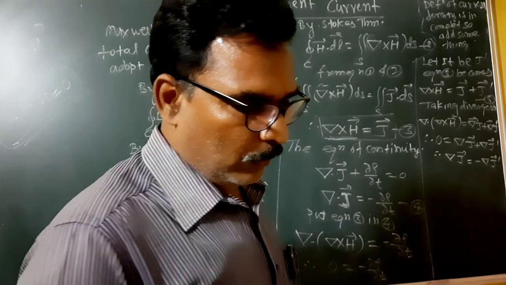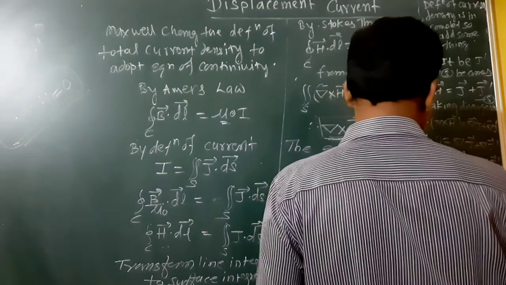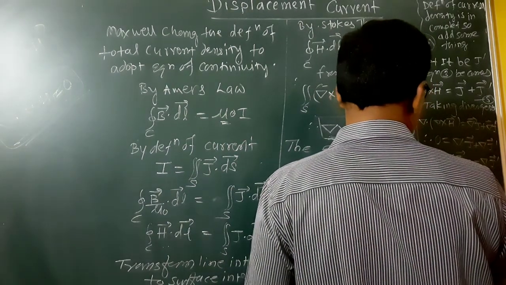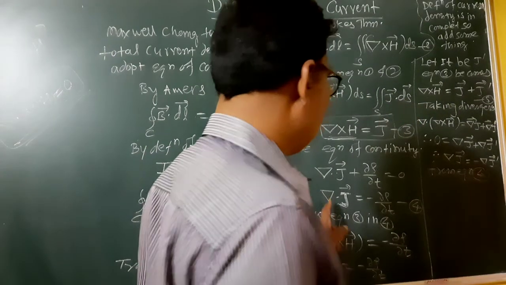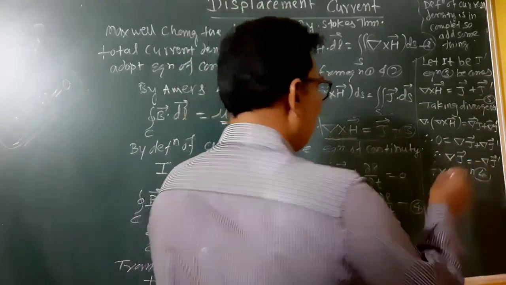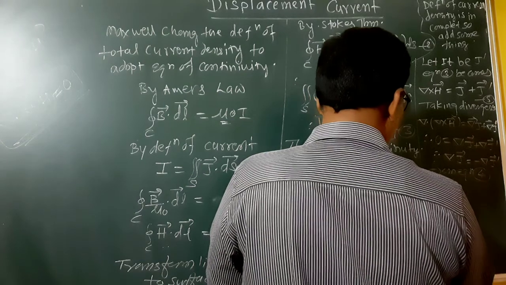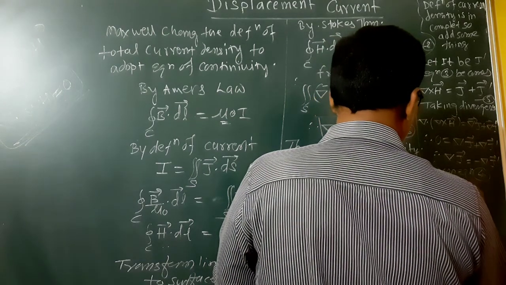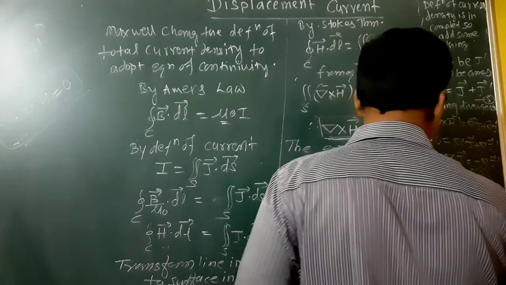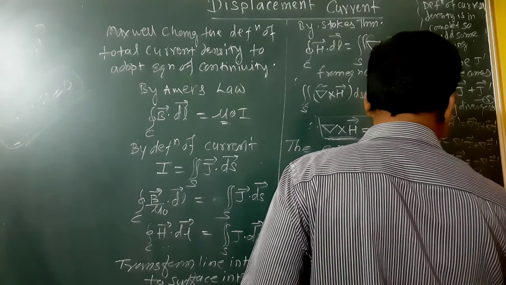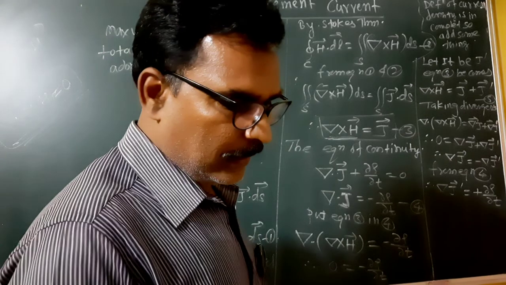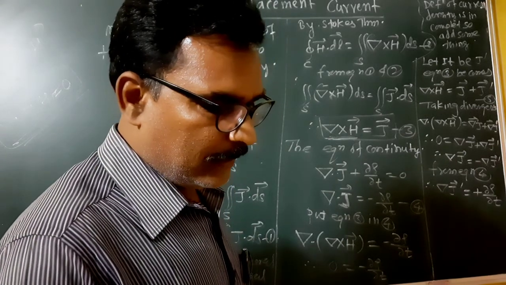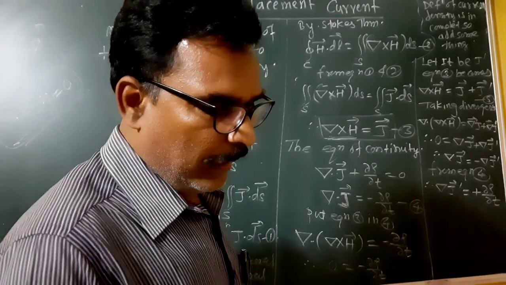From equation 4, divergence of J bar is nothing but minus dou rho by dou t. So divergence of J bar dash is equal to dou rho by dou t.